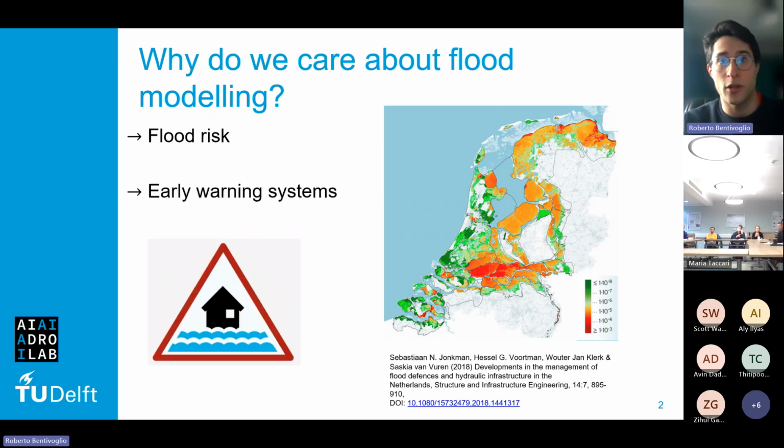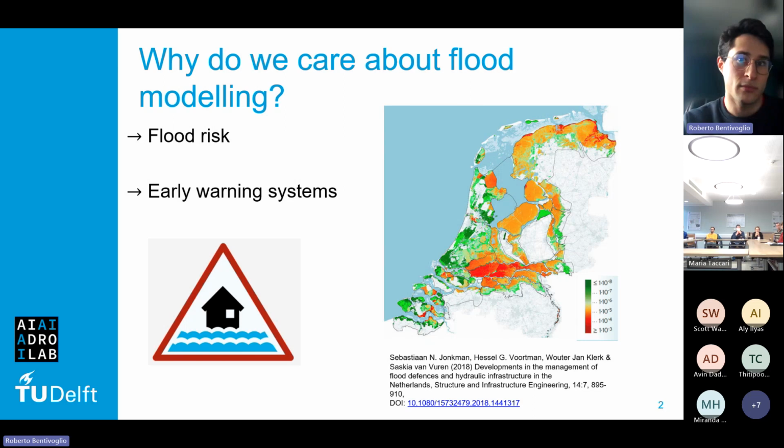The other one is early warning systems, so that we can predict in real time where and when a certain flood will occur. These are two of the most relevant applications, though not comprehensive.